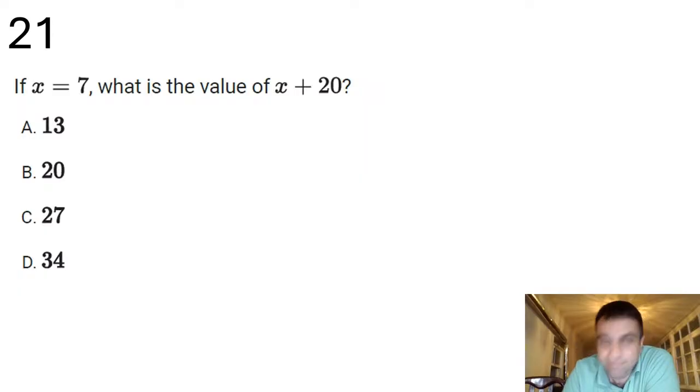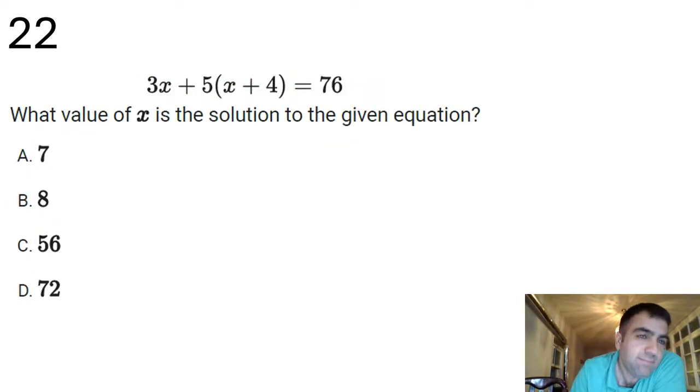21st question. Fear says, see, it is pretty simple, right? We should write 7 and add it with the 20. It is 27. See. 22.